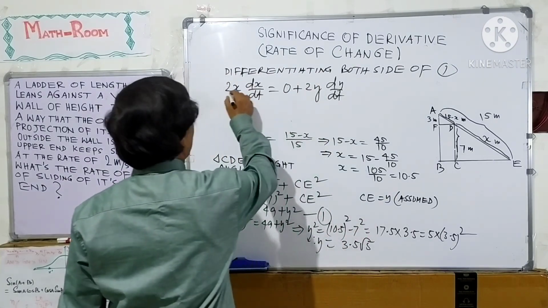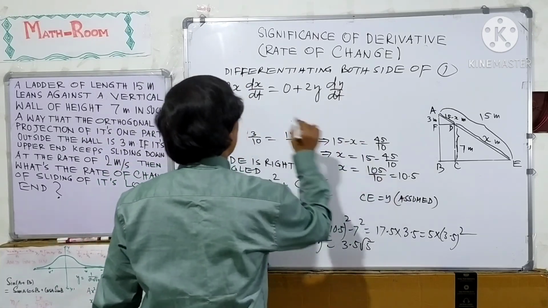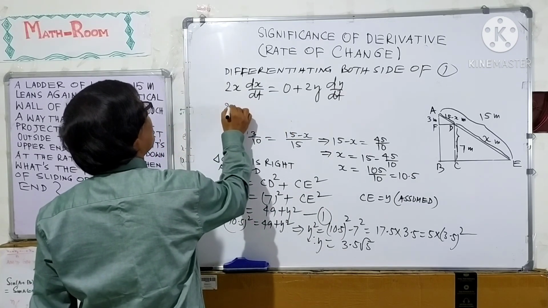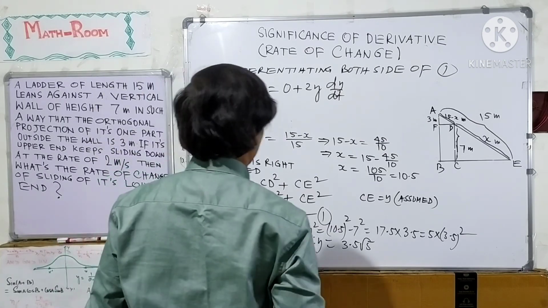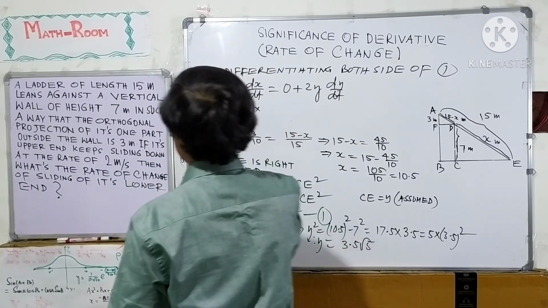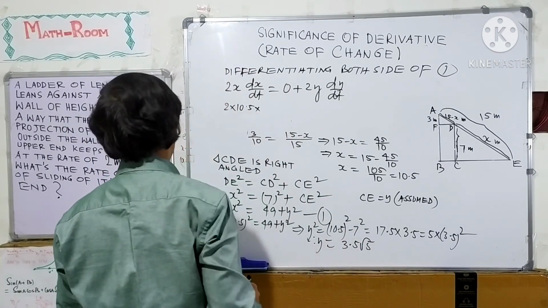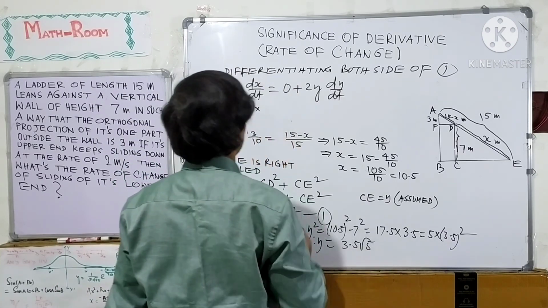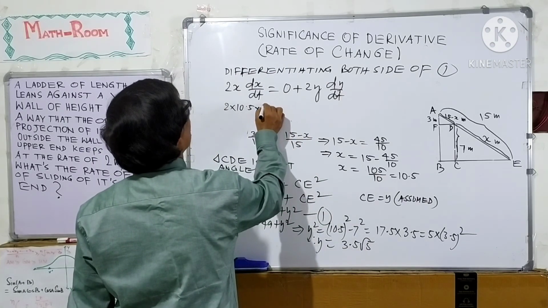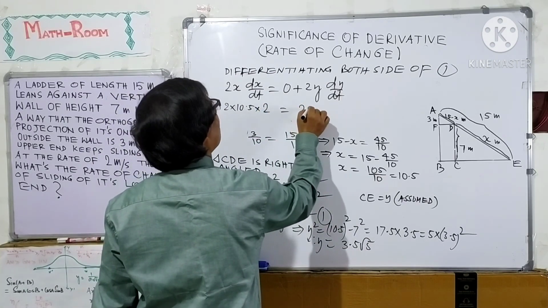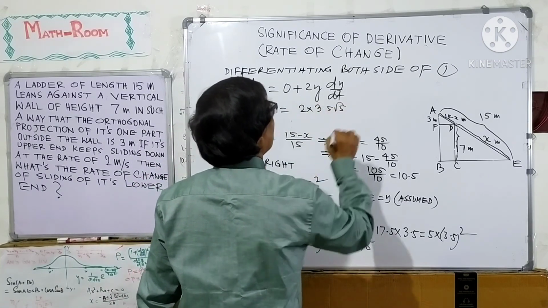So we can put in the values of x and y. x is 10.5, so 2 into 10.5 into dx/dt. dx/dt is given as 2 meter per second, the rate of sliding down of the upper end. So into 2 equal to 2 into y, y is 3.5 root 5, into dy/dt.